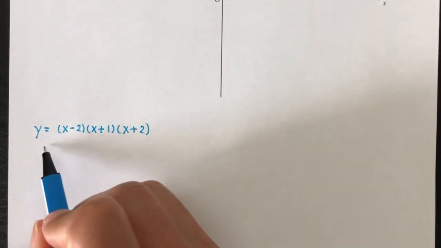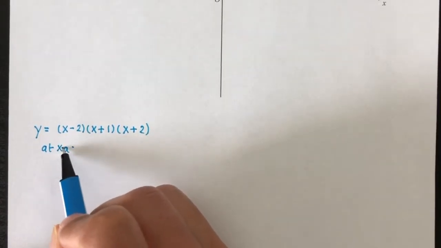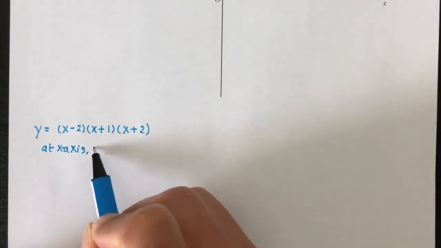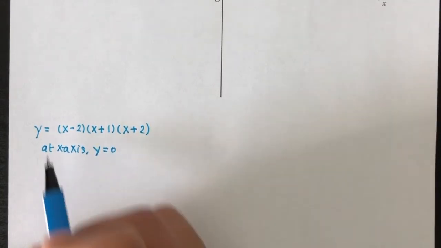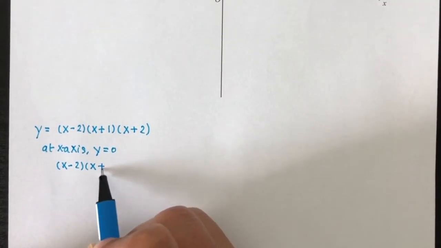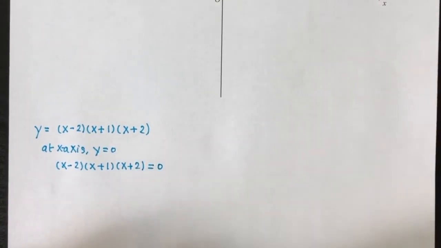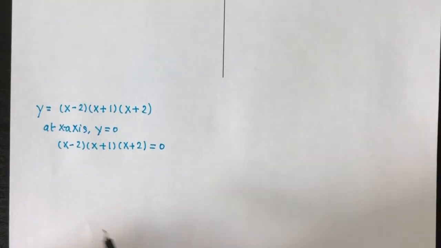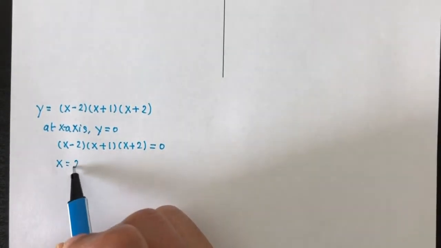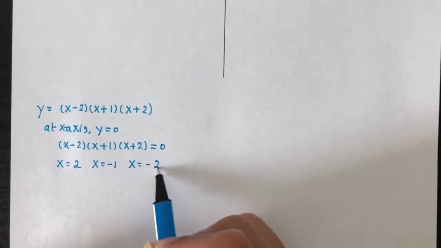One by one, at the x-axis, we know that y is 0. So replace, and you will have (x minus 2)(x plus 1)(x plus 2) equal to 0. Now we can solve for the values of x. So x will be 2, x will be minus 1, x will be minus 2.